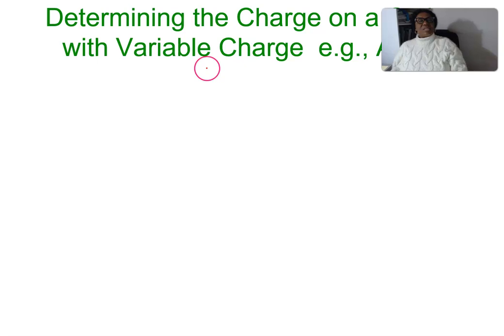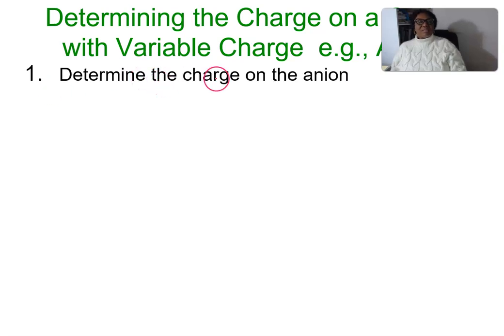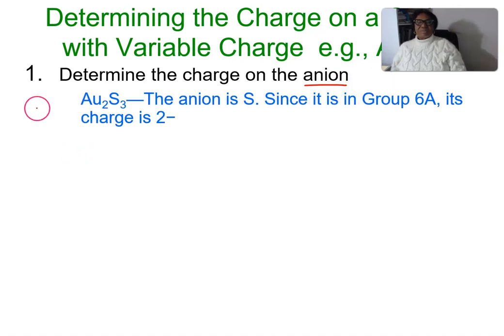So how do we determine the charge on a cation with variable charges? Number one, determine the charge on the anion first. For example, you have this compound. The anion is S. Since it is in group 6A, its charge is -2.